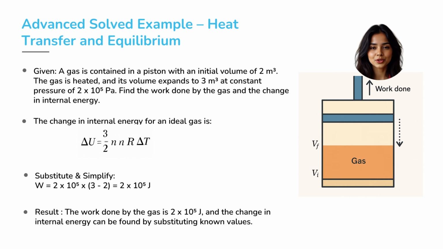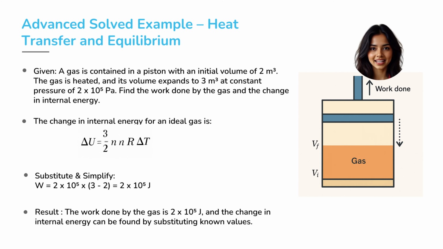We substitute the pressure and the change in volume, which is ΔV = 3 cubic meters − 2 cubic meters. W = 2 × 10^5 × 1, which equals 2 × 10^5 joules. Now, for the change in internal energy, we need to know the temperature change of the gas.